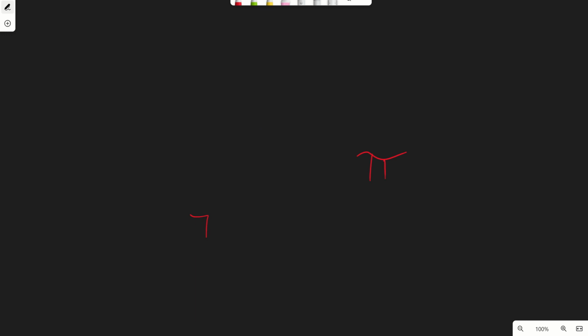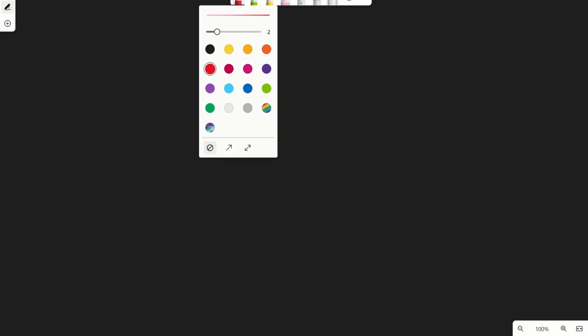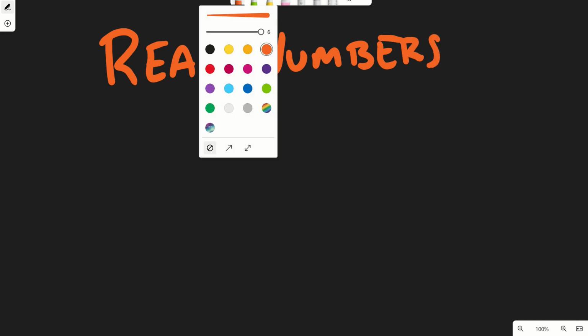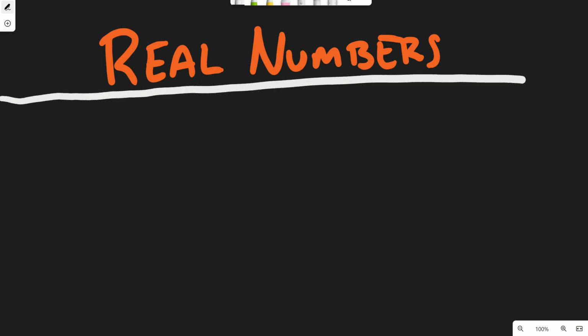All the numbers that we're dealing with are called real numbers. We're not even going to be talking about imaginary numbers today. Today we're just going to be focusing on real numbers.